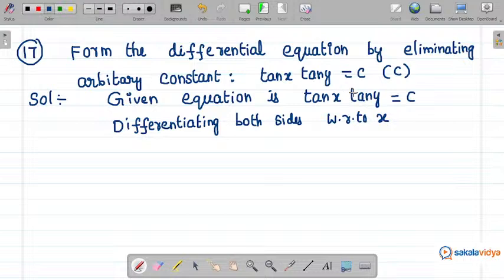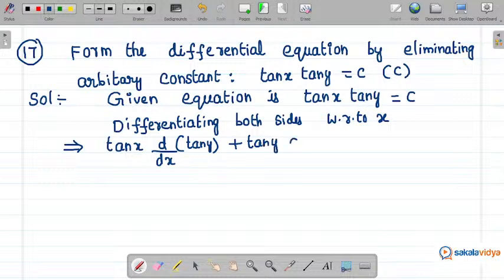So derivative of tan x into tan y means we have tan x into d by dx of tan y, plus tan y into d by dx of tan x, equal to d by dx of the arbitrary constant.